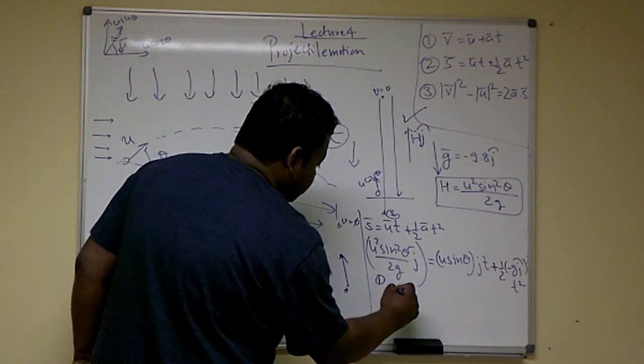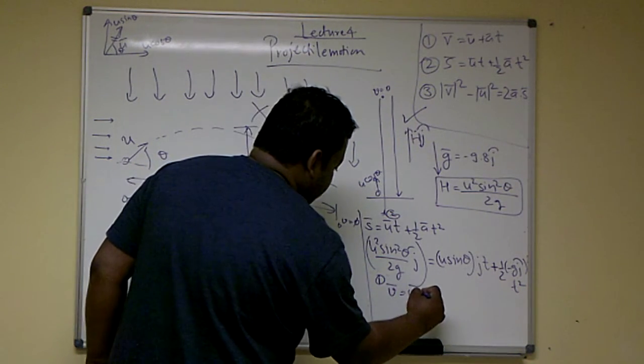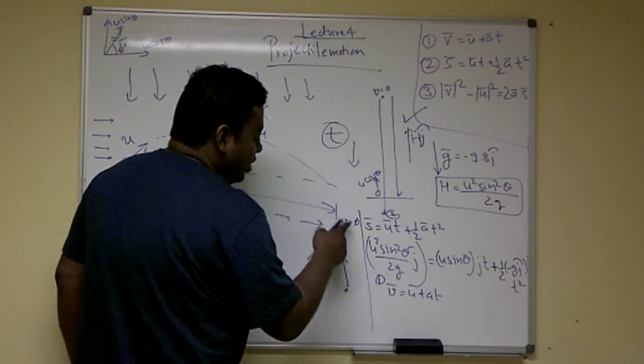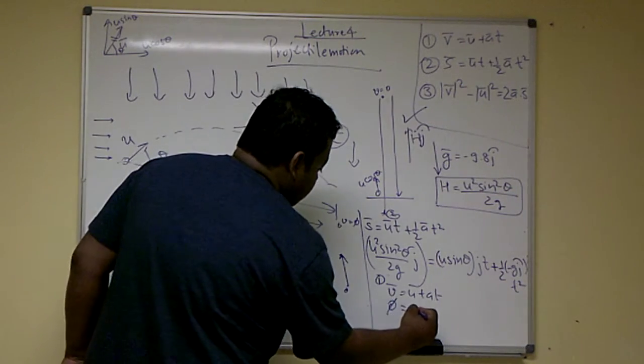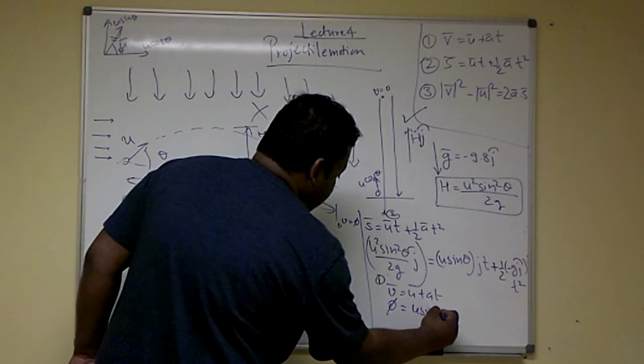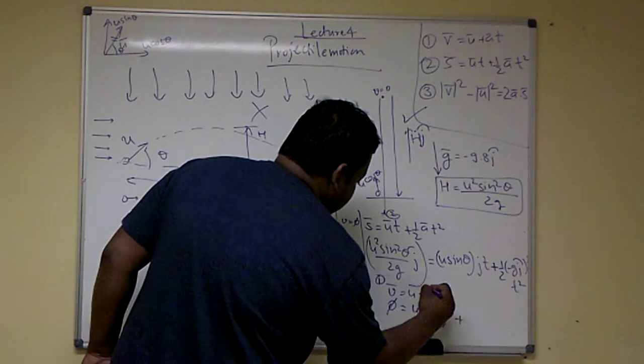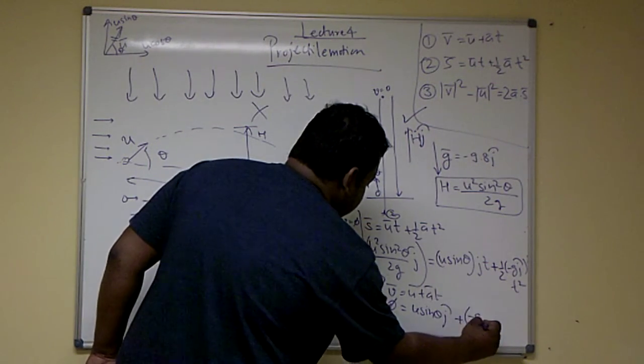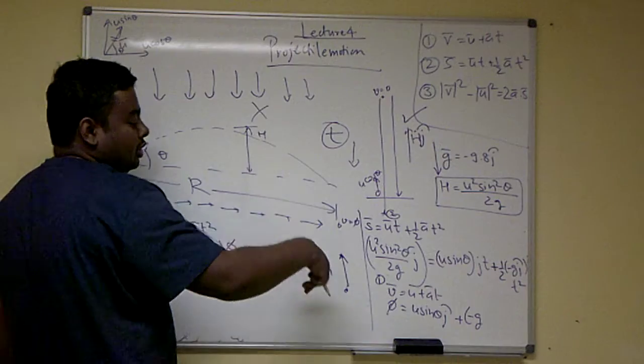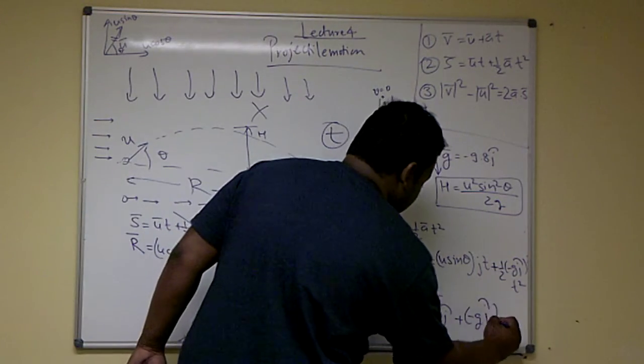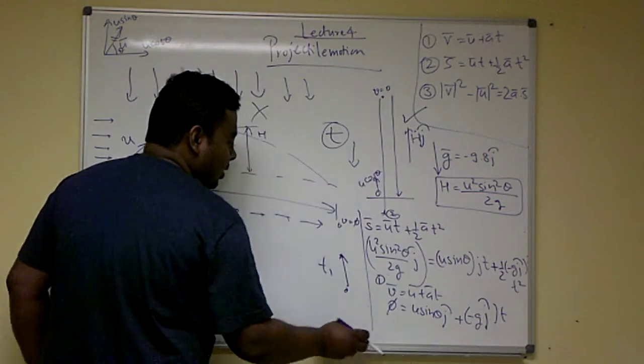If you look at the first equation of motion, that is v vector equals u vector plus at, your final velocity is 0, your initial velocity was u sine theta j cap, your acceleration is minus g j cap, and your time is t.